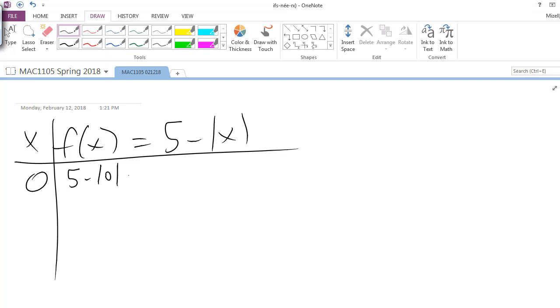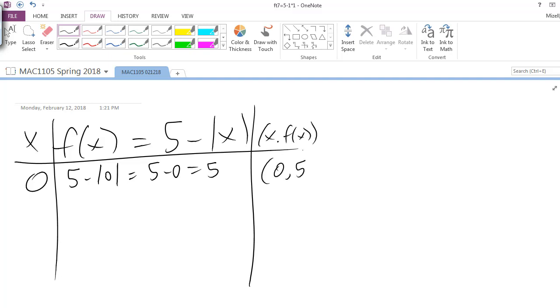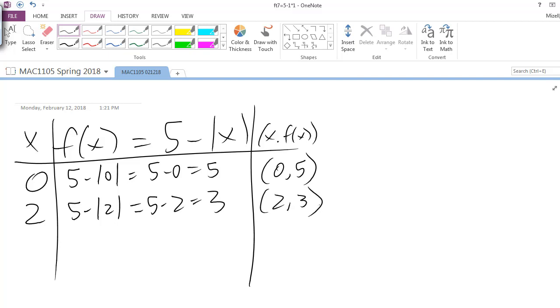It's 5. 5 minus 0 equals 5. So if we're plotting points, we'd plot the point (0, 5). If we scoot over a little bit to the right, the absolute value of 2 is 2. So 5 minus 2 is 3. We plot the point (2, 3).